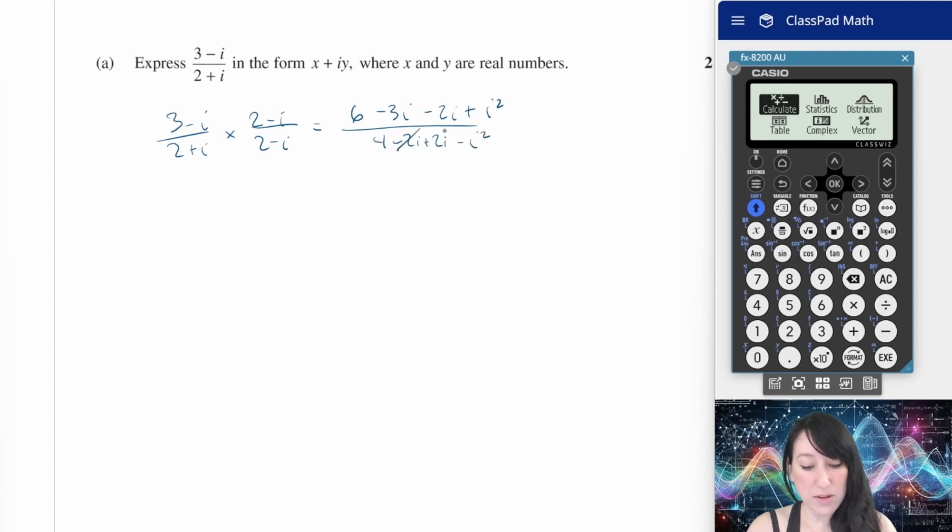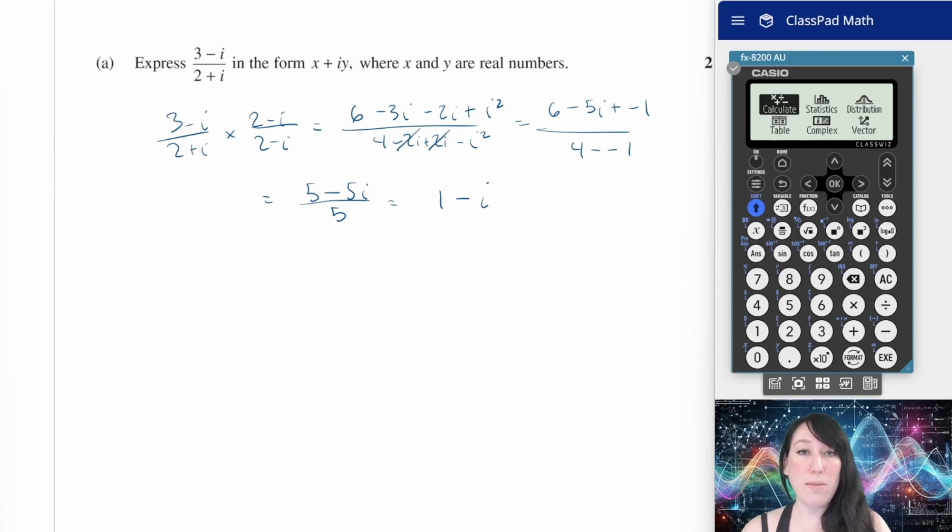Those middle two terms on the denominator cancel as it's a difference of squares. Remember, i squared is -1. So the answer is 1 minus i.